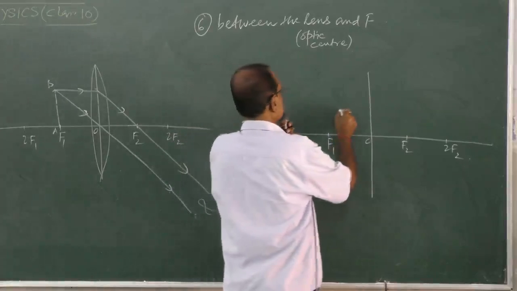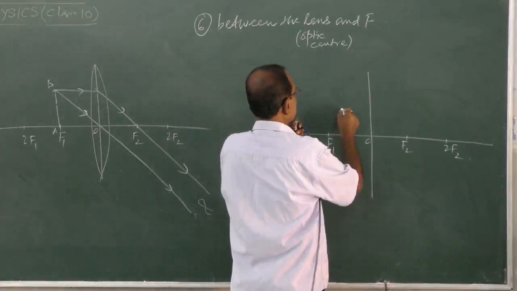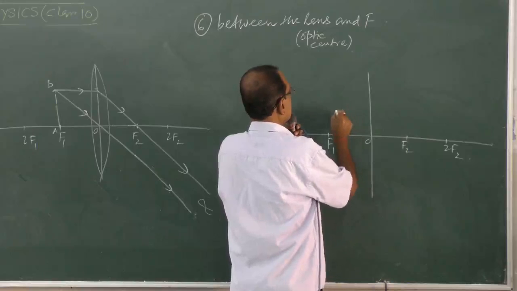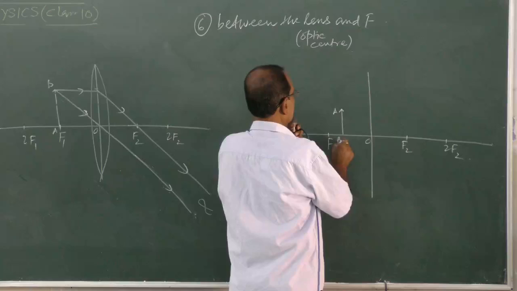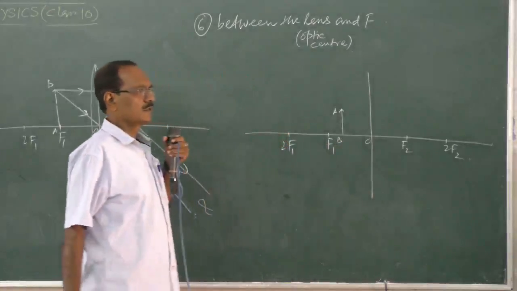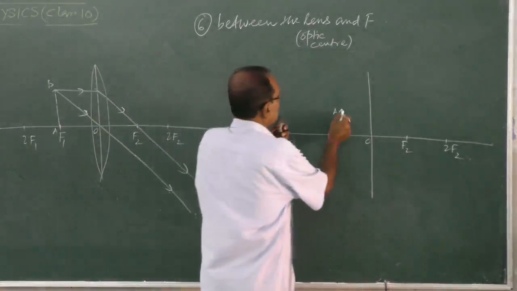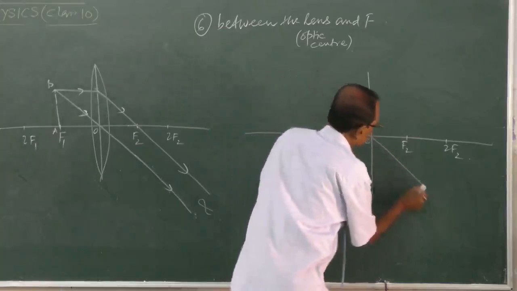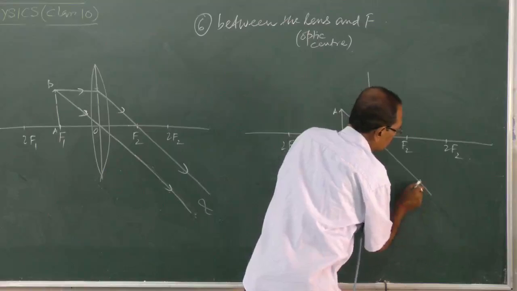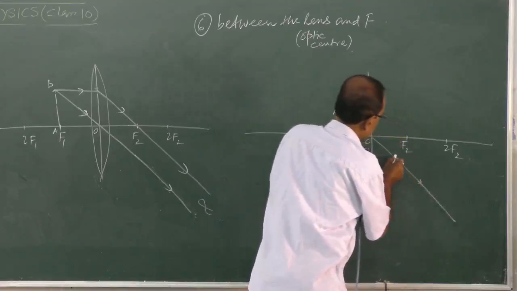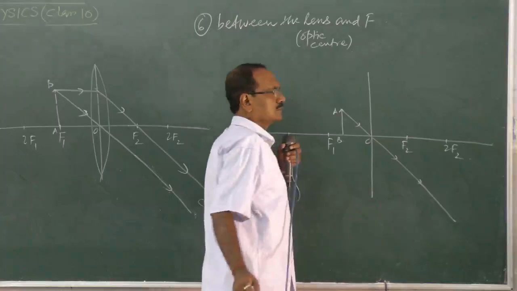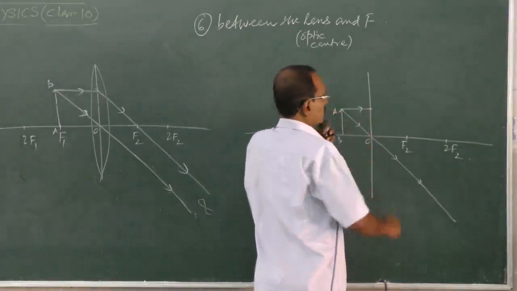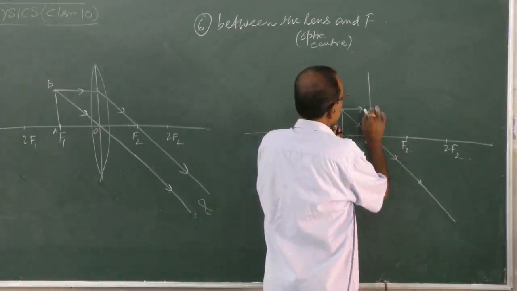The object is, say, kept here, A, B. One ray will go through the optic center, another ray parallel to the principal axis.